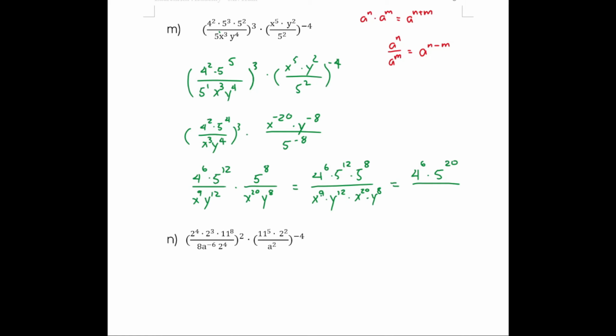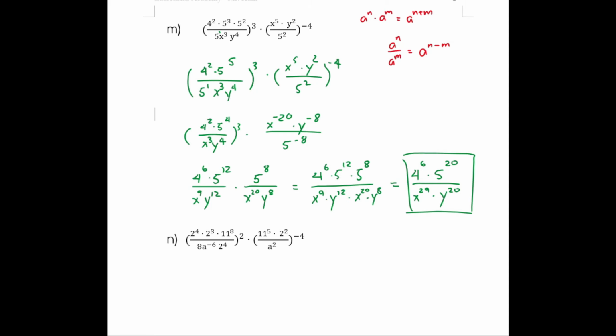We have x to the 9, here we have x to the 20. They're being multiplied together, right? Doesn't matter that they're not next to each other. So 9 plus 20 is 29 times y to the, here I have y, here I have another y, 12 plus 8 is 20. Okay? And this is your final answer.